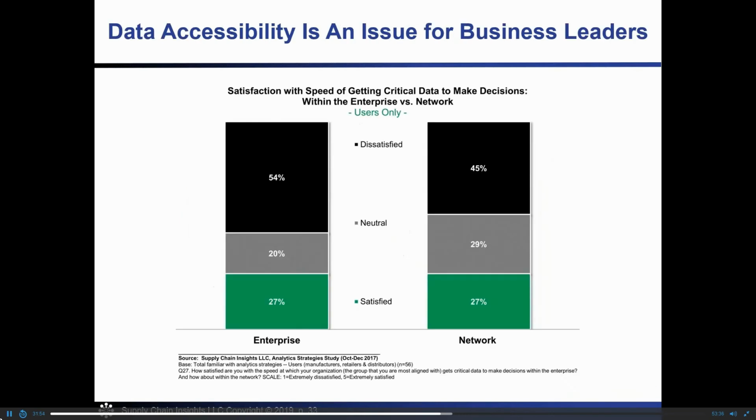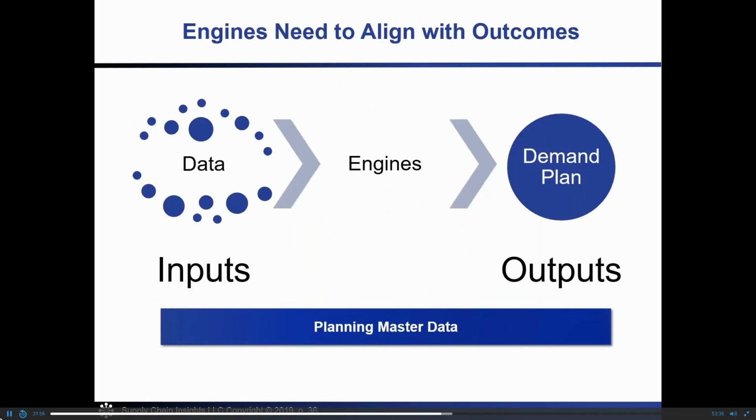Instead, what you want to do is look at your inputs, what is the data that you can model, what is the best engine to drive the modeling, to drive a demand plan. And then look at planning master data, things like item definition or lead times. And understand that planning master data is usually not a constant number, but a range.